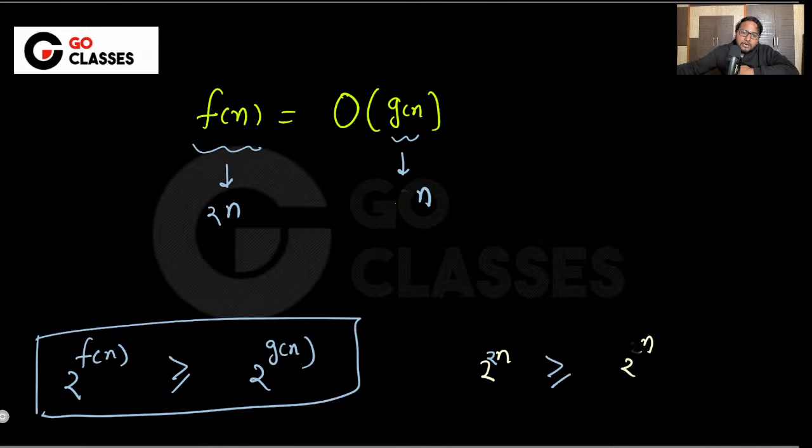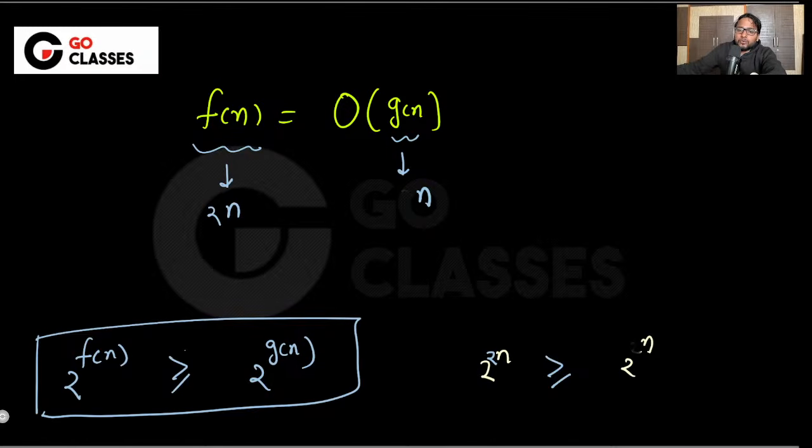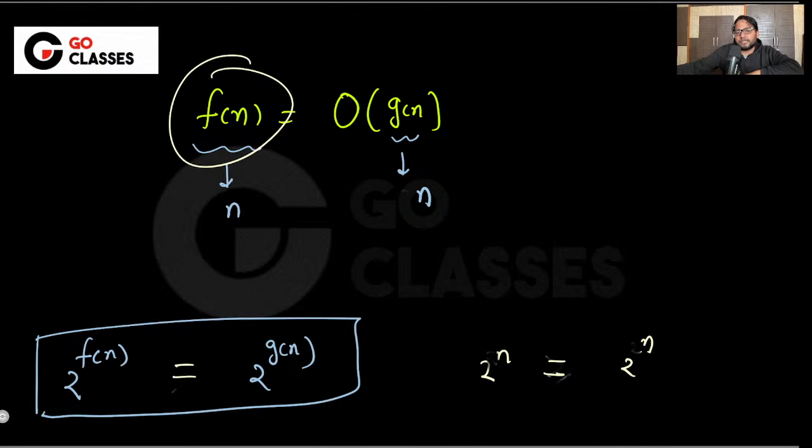If you take both as n, then they are actually equal, and you can say they are even related by theta. So it depends on the exact values of f(n) and g(n). That's why you can't say anything.